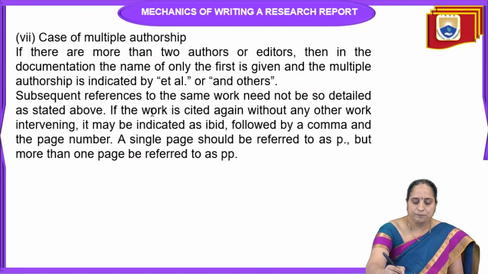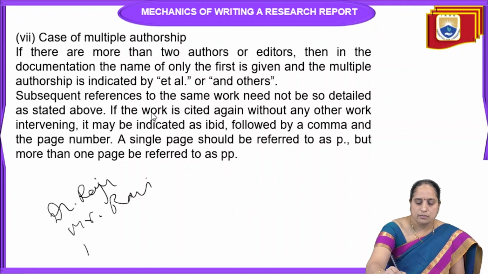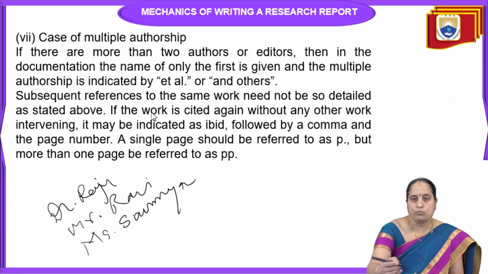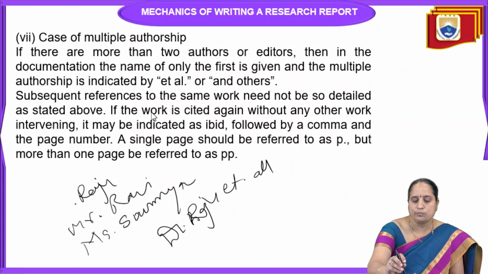For example, Dr. Raju, Mr. Ravi, and others, Miss Soumya, like this. If we have more than three or four authors, in that case, you have to specify the first name as Dr. Raju et al. So like this, we have to mention.